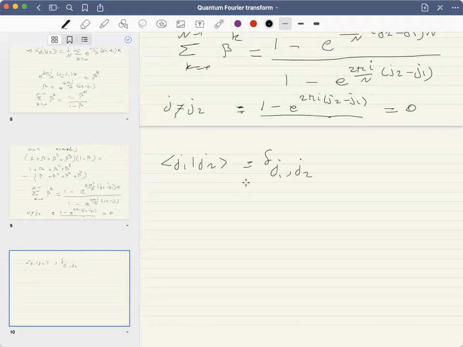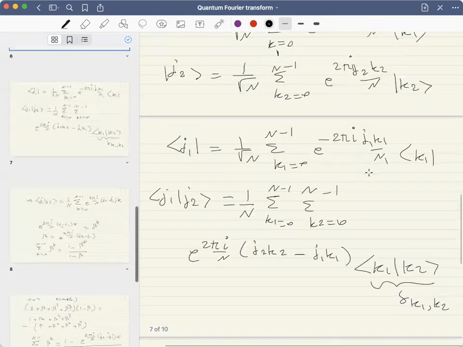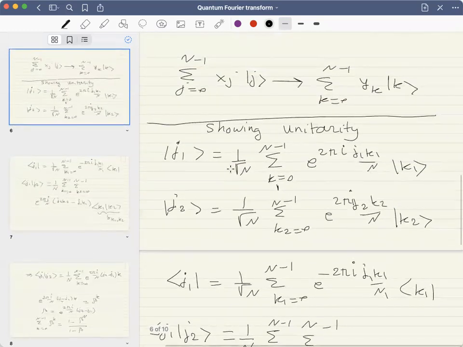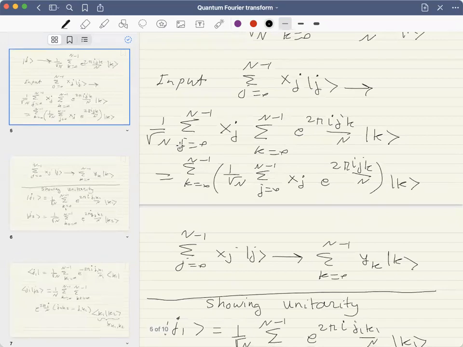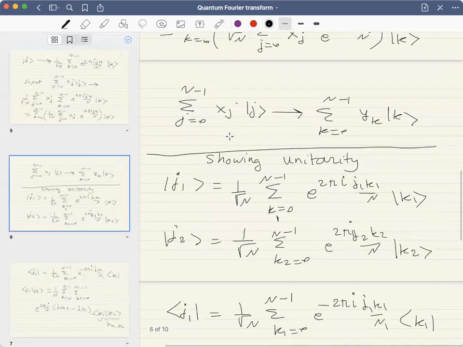So this change of basis does not change the orthonormality, and then it's a unitary transformation. Okay, so let's keep pushing this. So now my goal is to construct a circuit that performs this transformation on all the basis states.